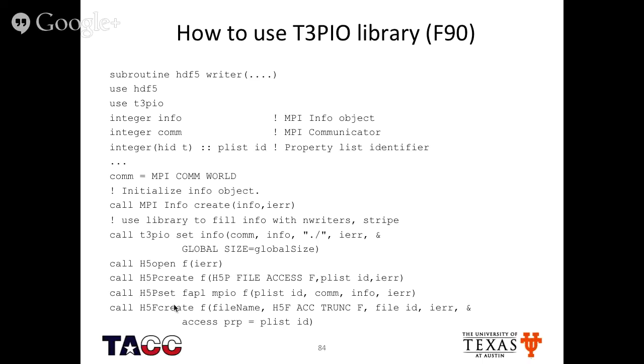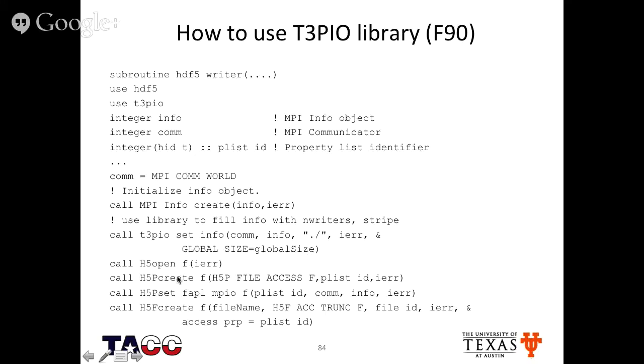This is just to show you, and we lose the color here, but with T3PIO, you call it and set the info object, it calls this HDF5 function to create a property list, the plist. Oh, we lost all the underscores too.